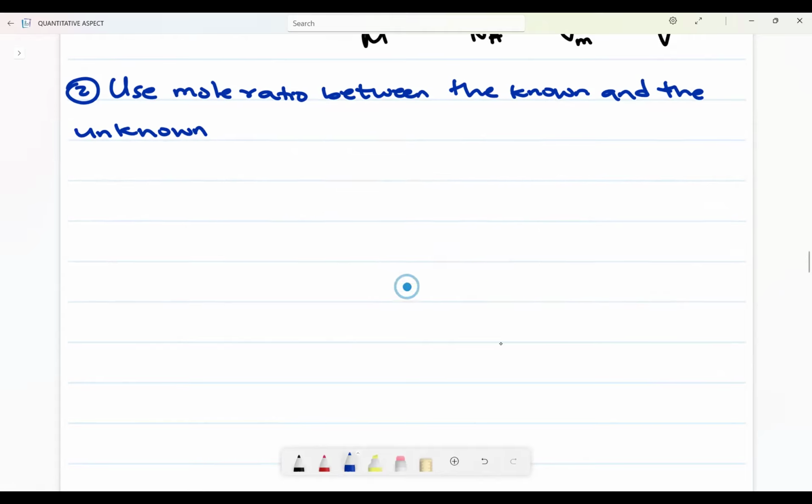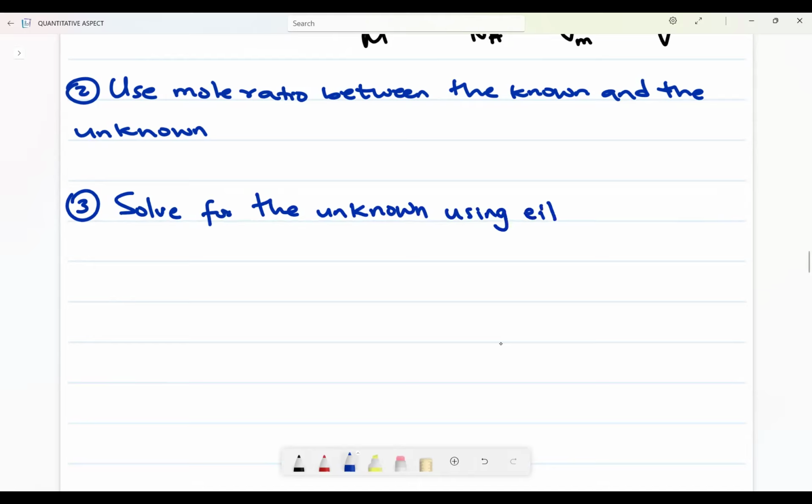And then after getting the number of moles of the unknown, you're going to use step number 3: solve for the unknown using either of these.